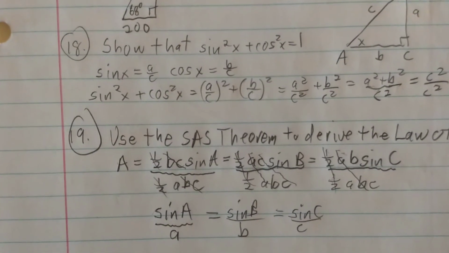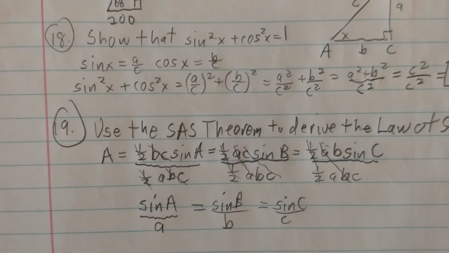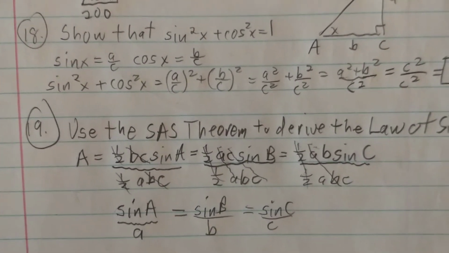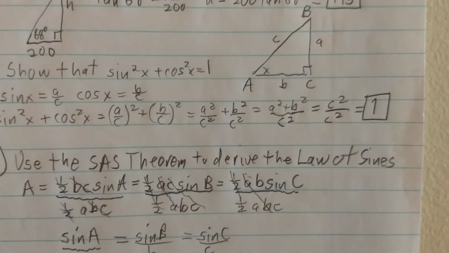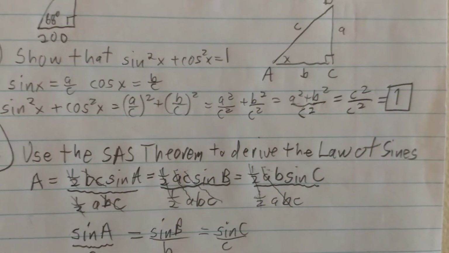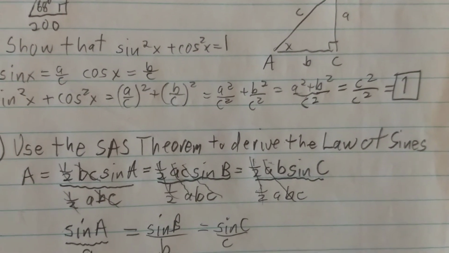Now on 18, we're asked to prove our fundamental identity, to show that sine squared plus cosine squared equals 1 on our ABC triangle, with angle A being designated as x.